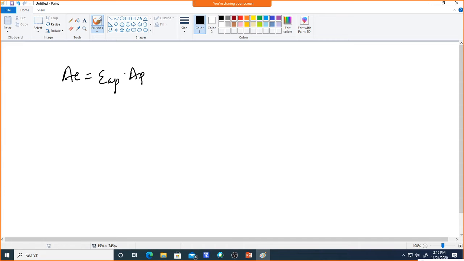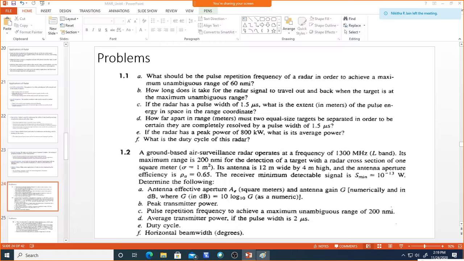That is the antenna physical aperture. The aperture efficiency is given, which is 0.65.